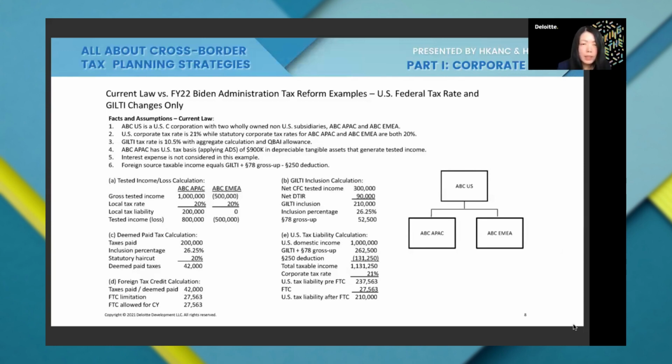And in addition, because of the way GILTI is calculated, you would have U.S. residual tax on GILTI. So the U.S. tax liability increased by more than 50%.